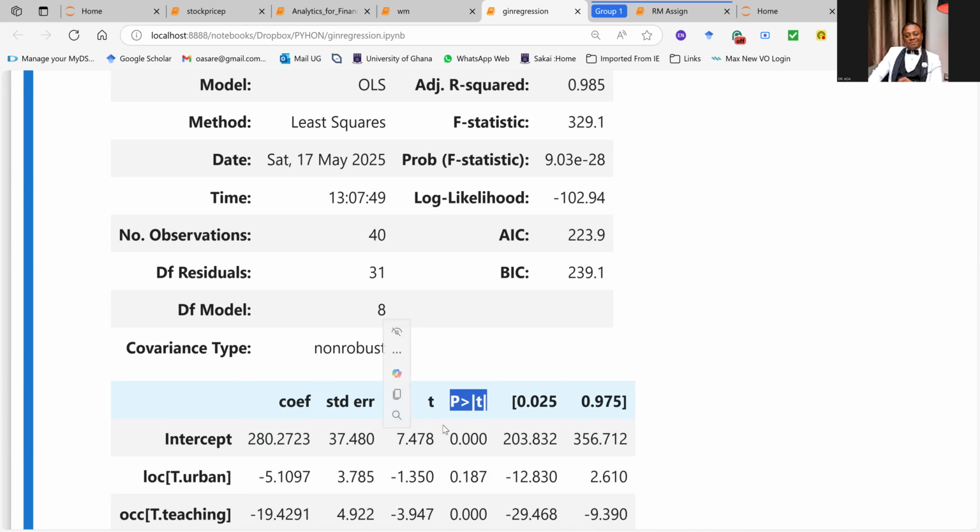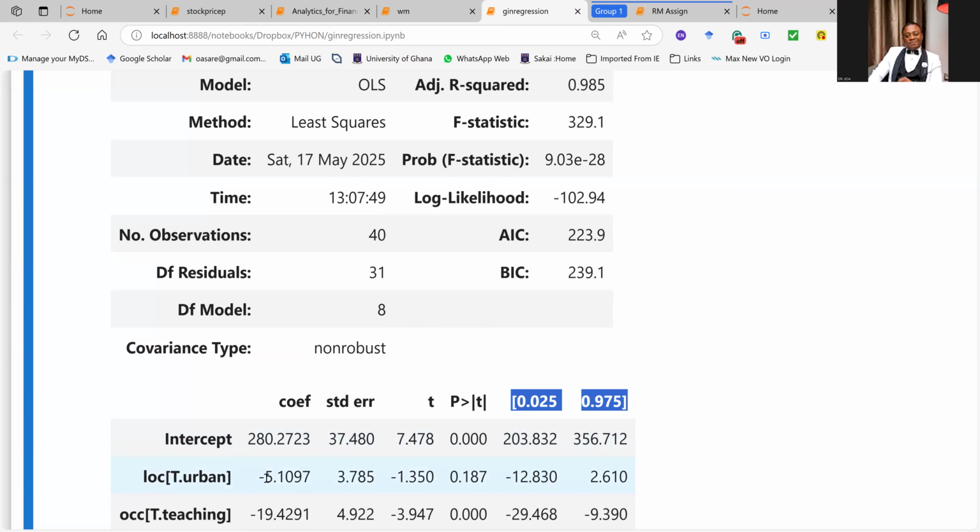That will tell you whether the variable is significant or insignificant. And then the latter ones are the confidence intervals. The confidence interval is for the coefficient. If the coefficient falls within the upper and the lower confidence interval, it shows that that variable is significant.